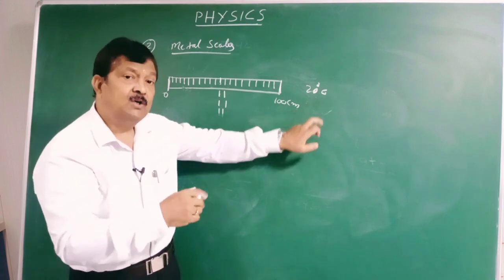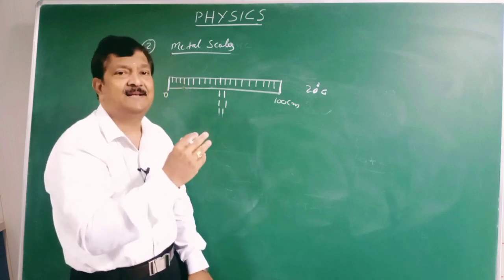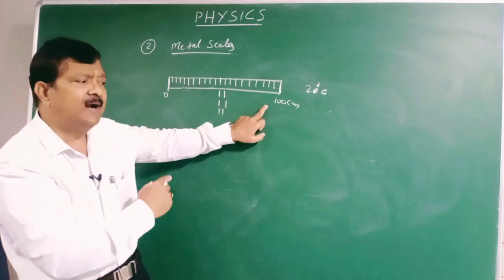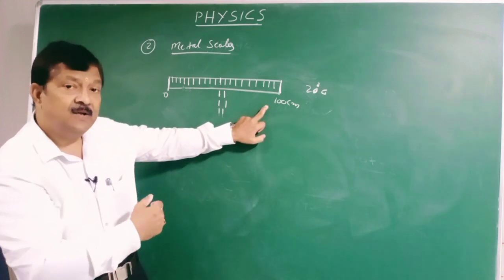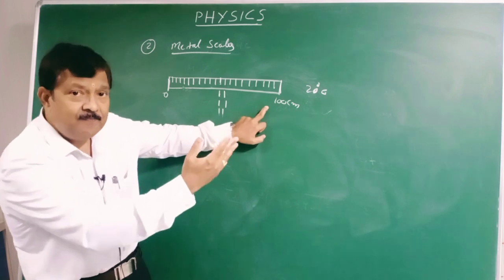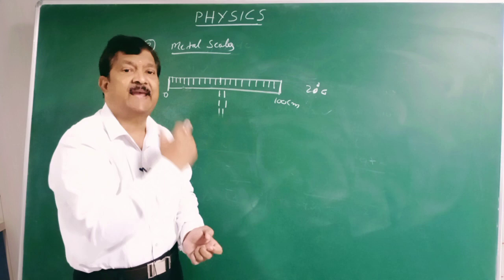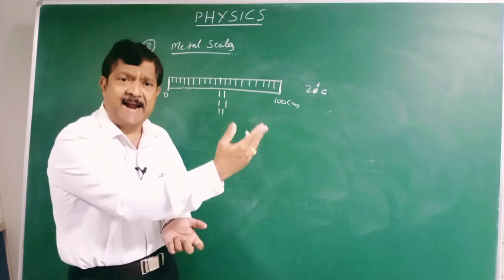That means the true length is more than the practically measured length. The practically measured length as suggested by the scale is only 100. But we know its true value is 101 centimeter. So the correction we have to add. What is that correction? Correction is nothing but the expansion of the scale. The expansion of the scale is the correction.